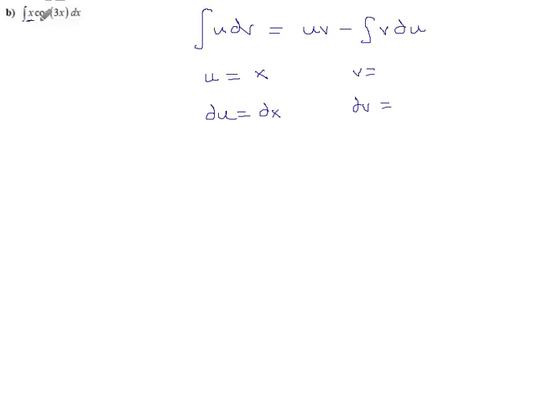If that little piece is our u, then all this must be our dv: cosine 3x dx. Its antiderivative, v, would be sine 3x, but because a 3 would pop out when you did the chain rule, we're going to have a 1/3 to catch that.